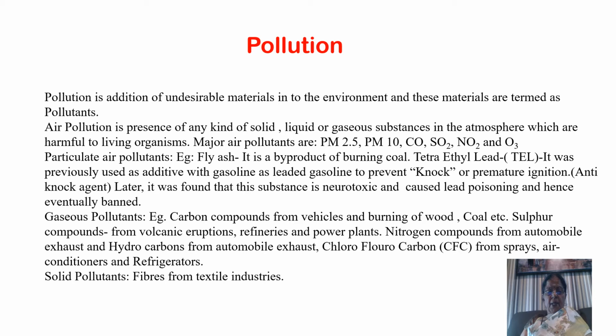And what are the gaseous pollutants found in the atmosphere? There are carbon compounds emitted from vehicles, or formed by the burning of wood and coal. There are sulfur compounds released from volcanic eruptions, power factories, and refineries, and nitrogen compounds from the exhaust of automobiles and the automobile industry, and hydrocarbons again from vehicles, and chlorofluorocarbons from sprays, air conditioners, and refrigerators.